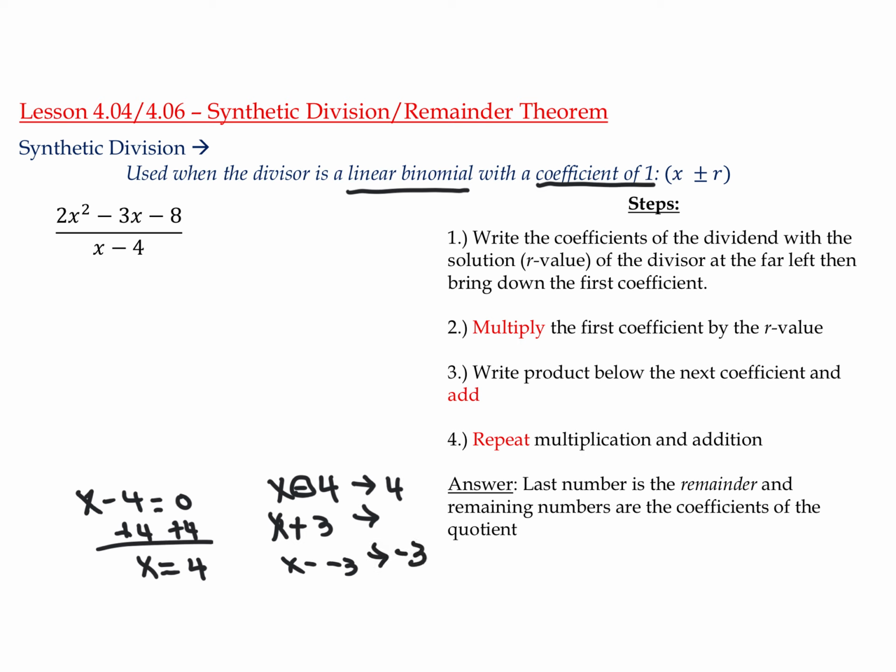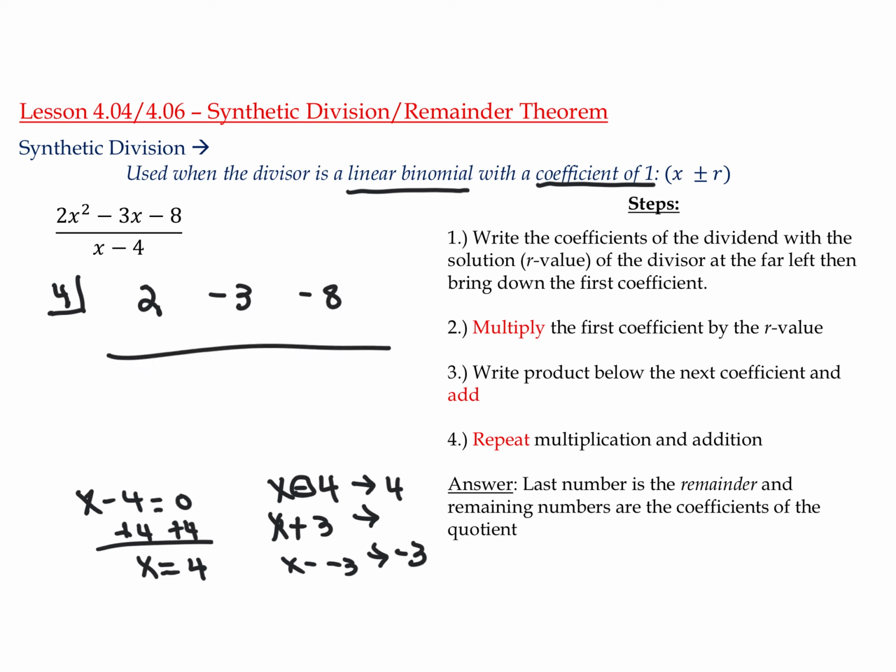To do synthetic division, we know our divisor is 4, so on the left-hand side in the box, I'm going to put the number 4. I'm going to list the coefficients of the dividend. I have 2x squared, negative 3x, and negative 8.